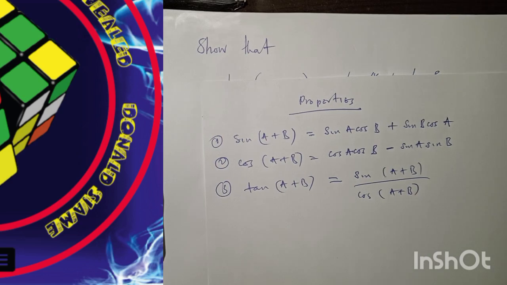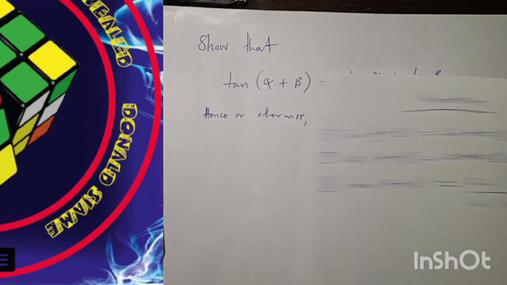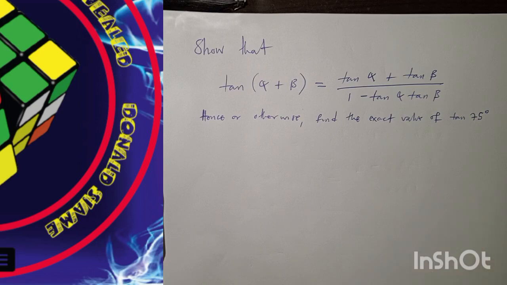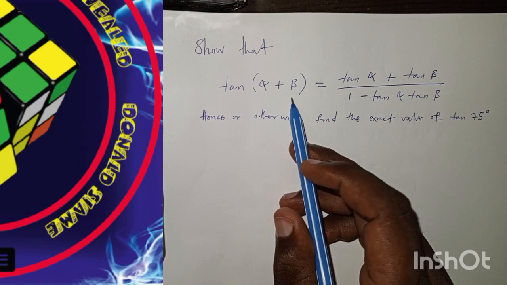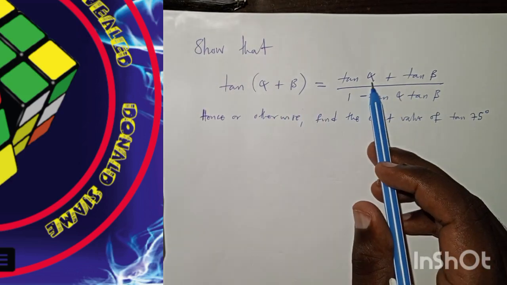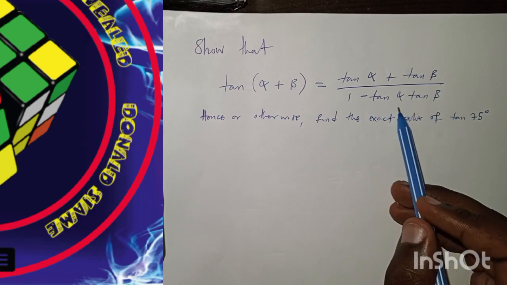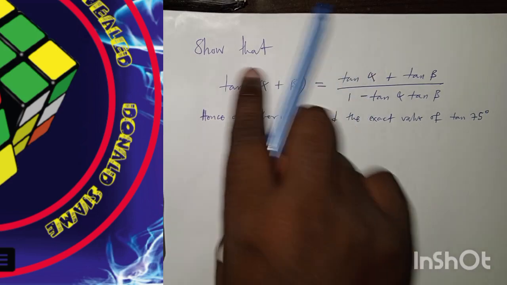In short, tan is just equal to sine over cos. Here we are asked to show that tan of alpha plus beta is equal to tan alpha plus tan beta over 1 minus tan alpha tan beta.